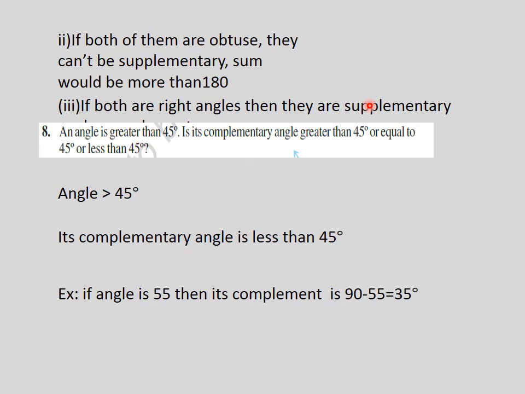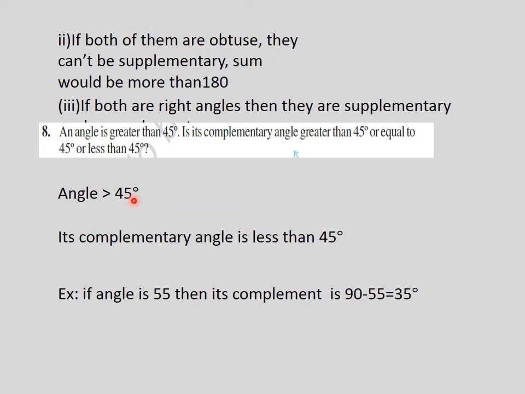Okay. Now the next question is, an angle is greater than 45 degrees. Is its complementary angle greater than 45 degrees, equal to 45 degrees, or less than 45 degrees?